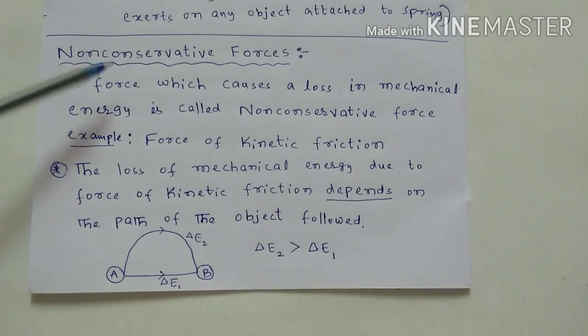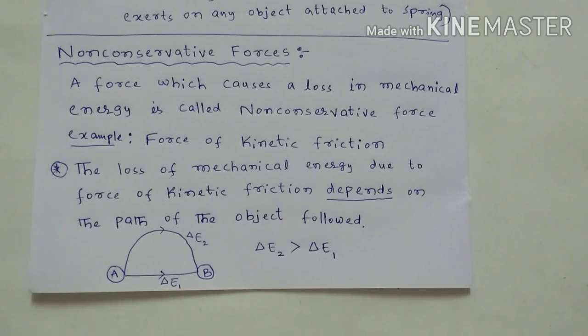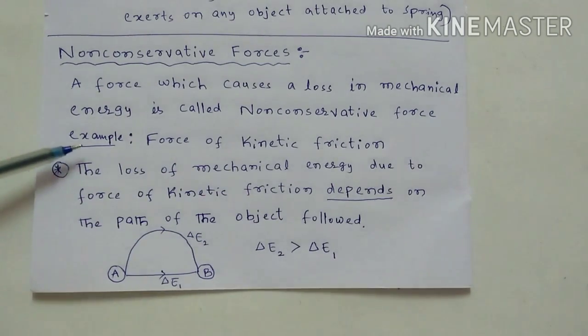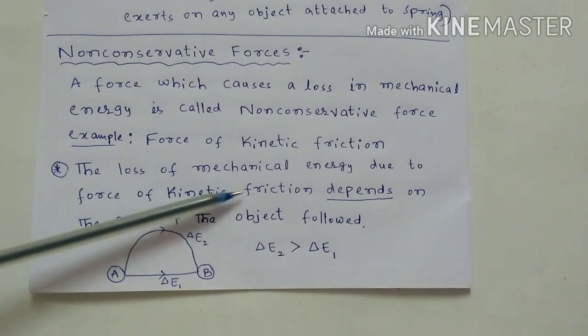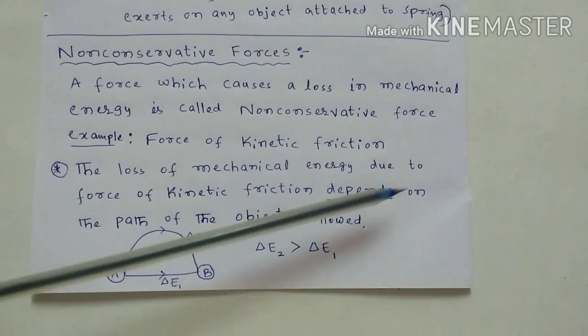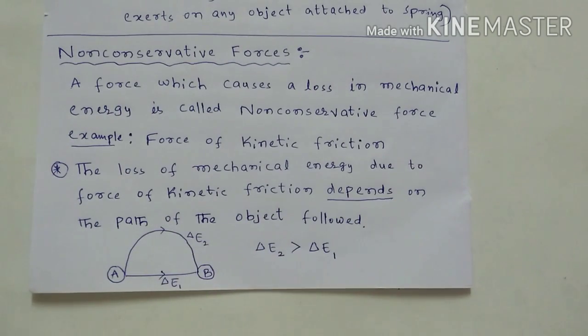Otherwise, by reading this statement, you will not understand anything. What does it mean? Force of kinetic friction, you see, when an object is moving on another object, kinetic friction comes into the picture, no? So this force of kinetic friction is an example of a non-conservative force, because the loss of mechanical energy due to the force of kinetic friction depends on the path the object follows.